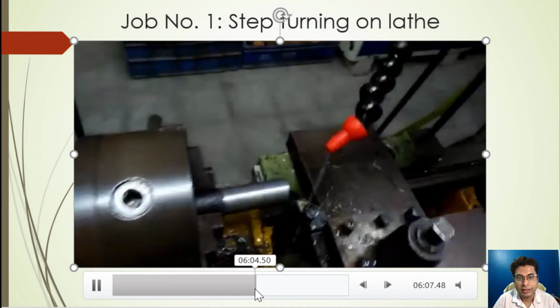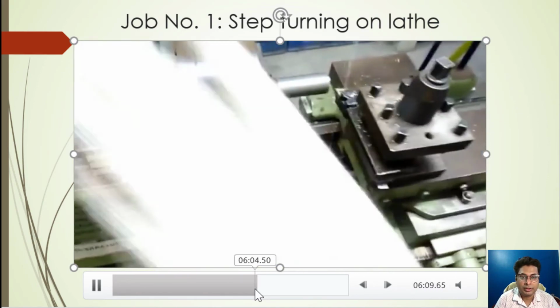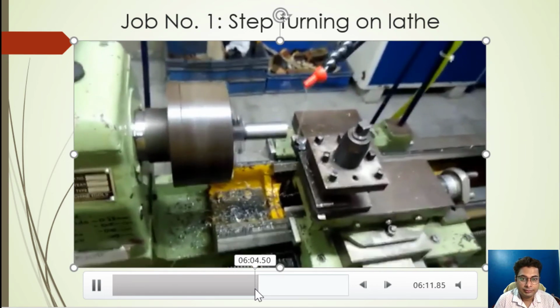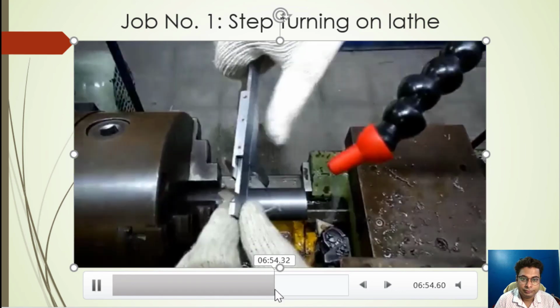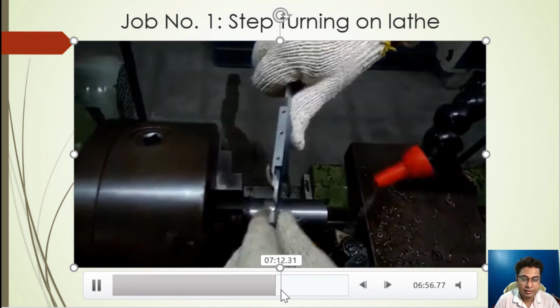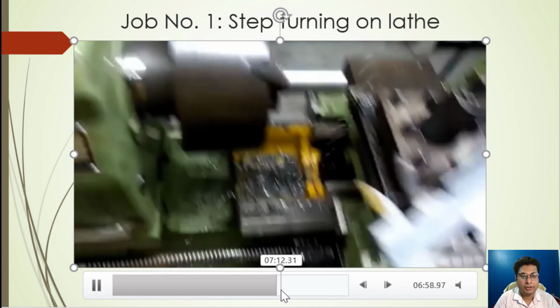See, the final outer diameter is being checked. See, again the diameter is being checked using a vernier caliper.